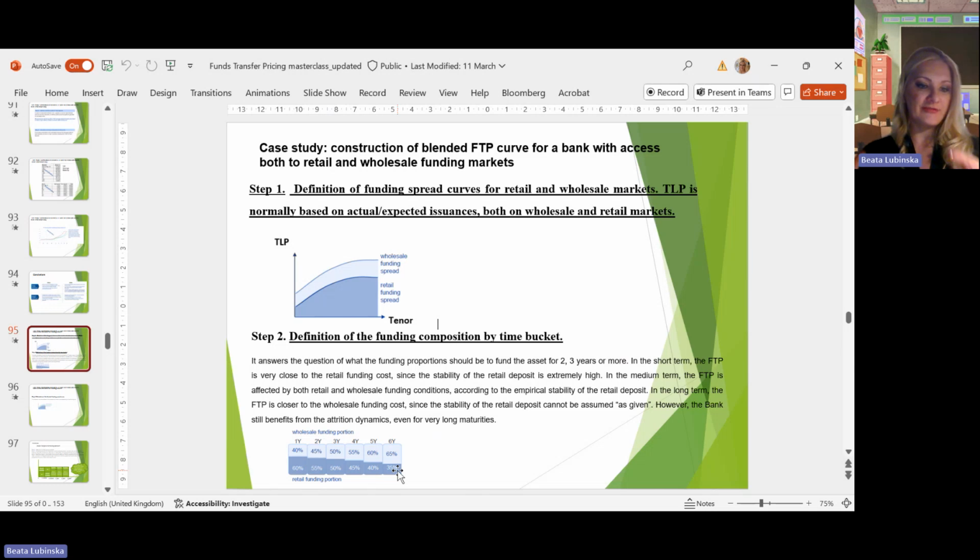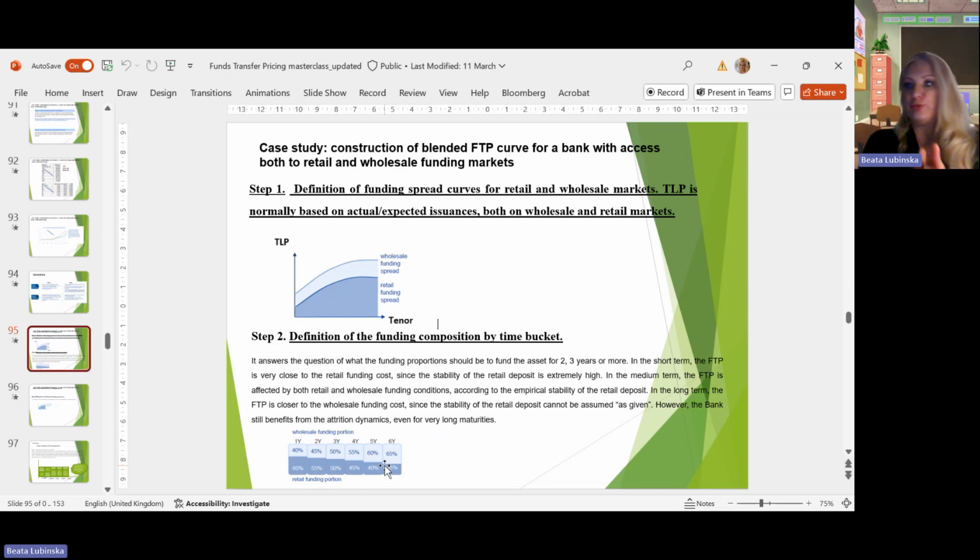When you set up the FTP curve, you look at the attrition amortization profile of your deposit base. So this is why it's going down. Of course, if you assume that the average life of this product is, let's say, 5 years, it goes down up to 10 years, so by the end of year 10 it will be zero in terms of the retail funding.